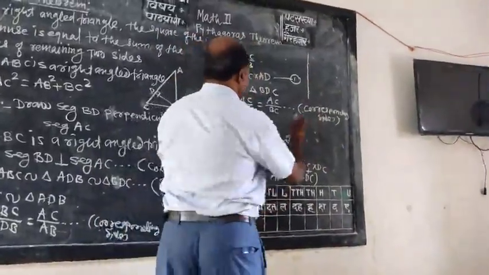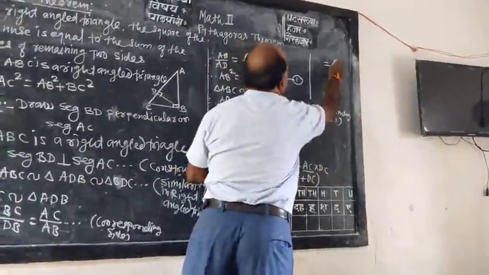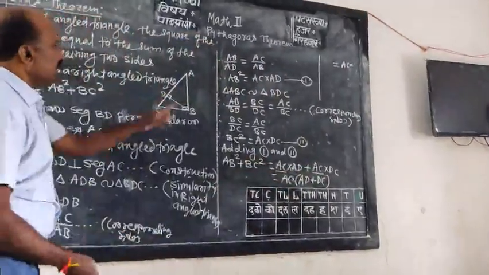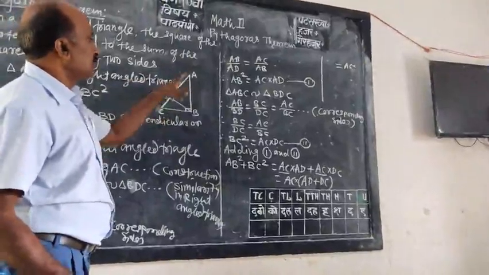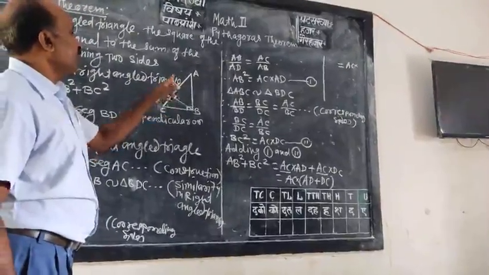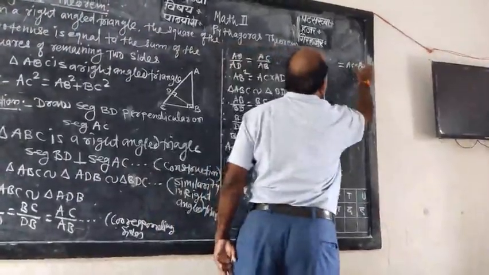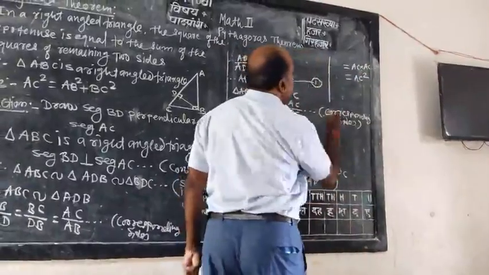Look at the figure: AD plus DC is equal to AC. So AC into AC is AC square.